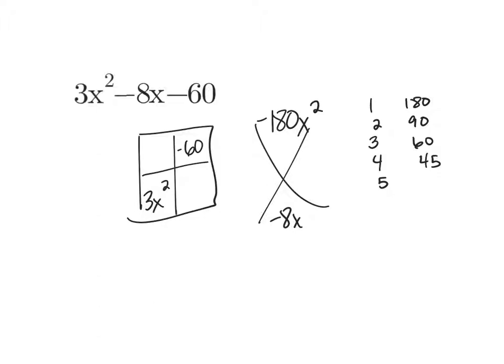18? Nope, that's not right. It would be 5 and 36, I think, but I'm going to grab a calculator and make sure. 5 and 36. 6 and 30, 7, don't think it's divisible by 7, not by 8, so 9 and 20, 10 and 18, not by 11, but by 12, 12 and 15.